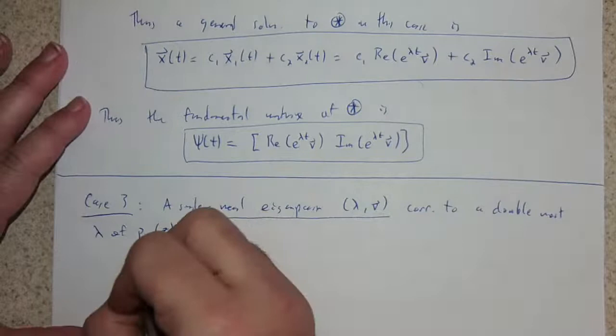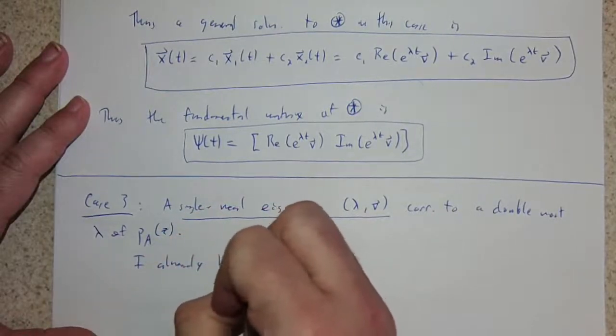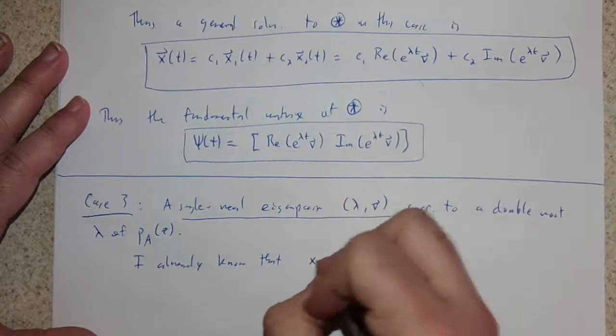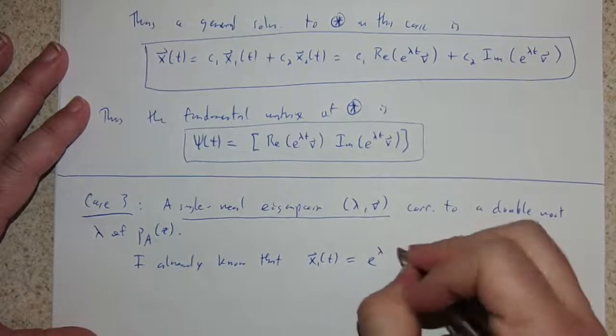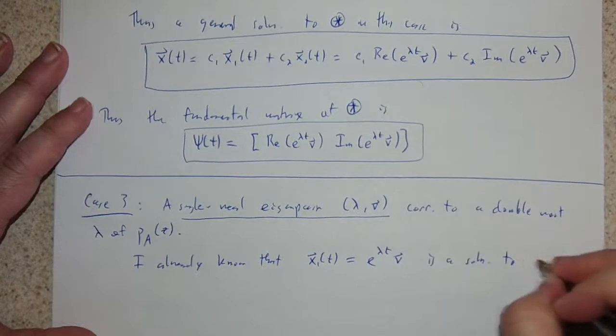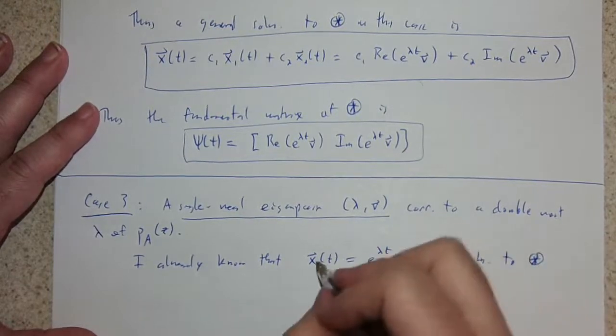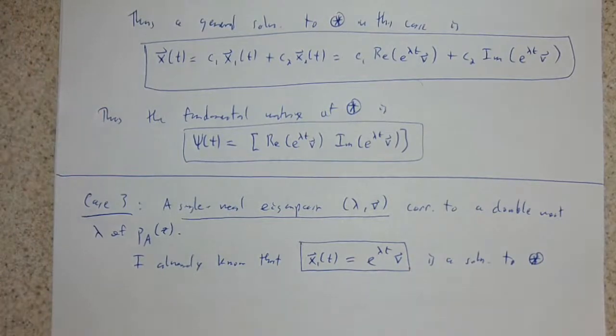Okay, so I already know that x1 of t, which is e to the lambda t times v, is a solution to star. So I have one solution. I know that's not enough. I need two linearly independent solutions, two solutions that form a fundamental solution set.